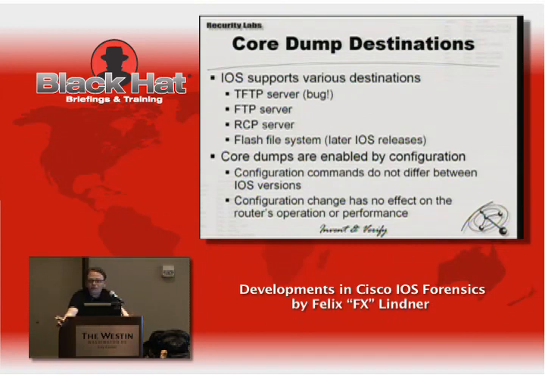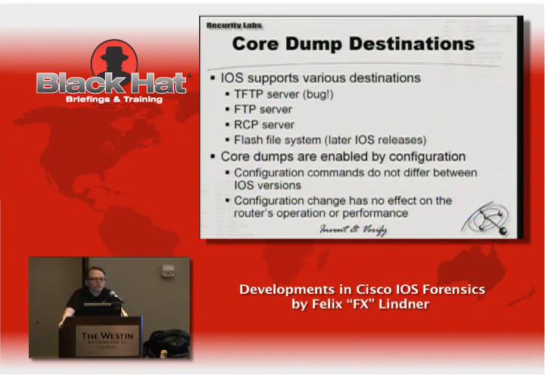I've seen the latest version actually has a crash info aging feature, so you can tell it to delete the crash infos continuously if they start piling up. And it could theoretically write core to a TFTP server.